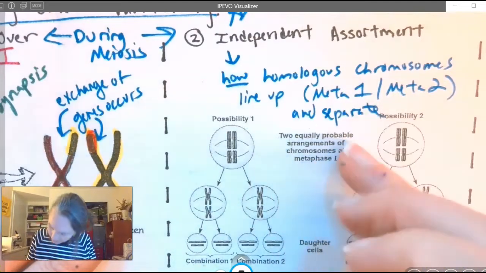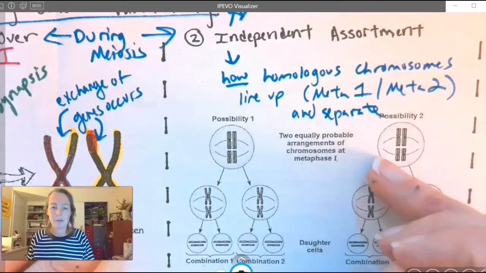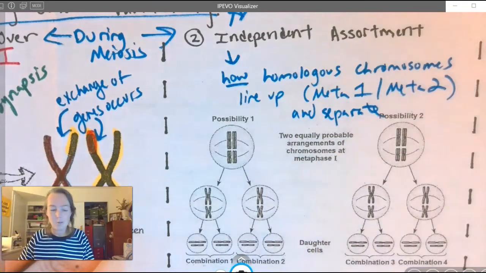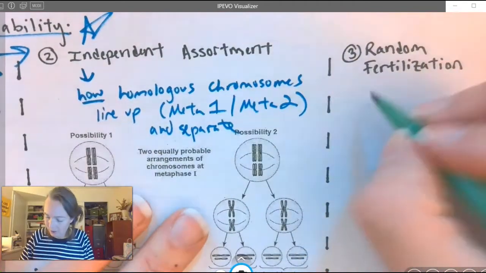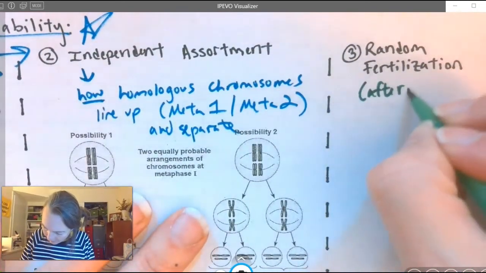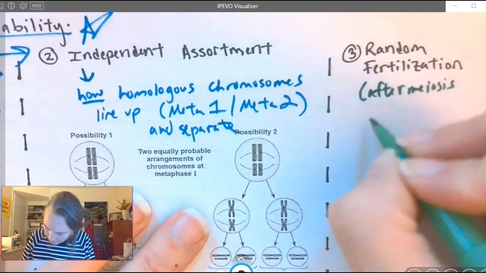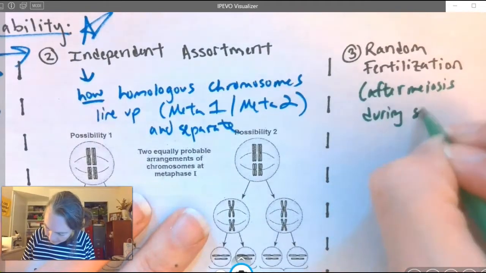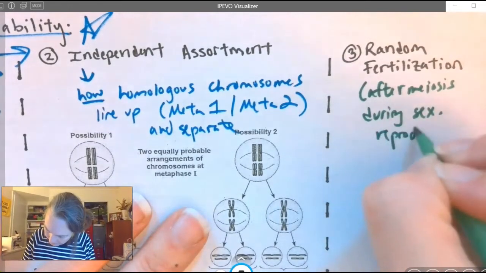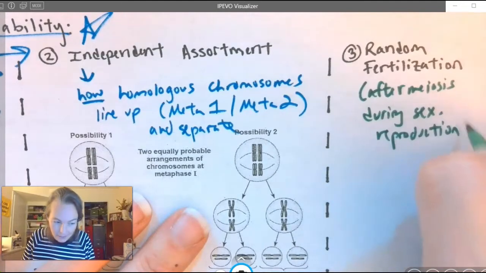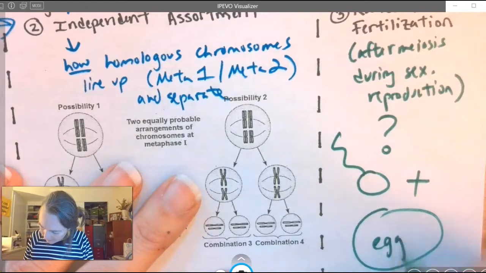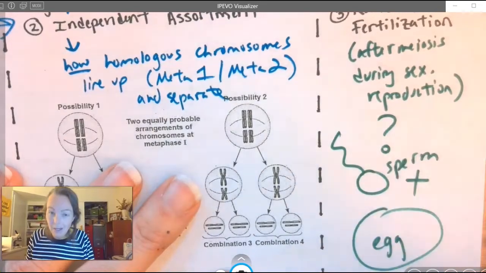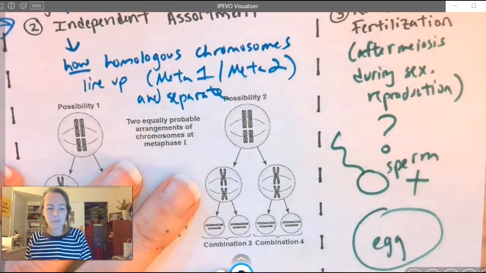This can increase genetic variation in meiosis. Now, the last way to increase genetic variation is random fertilization, which occurs after meiosis during sexual reproduction. And basically all this is saying is it's a mystery which sperm and which egg are going to unite. And that's why there's genetic variation between the offspring.